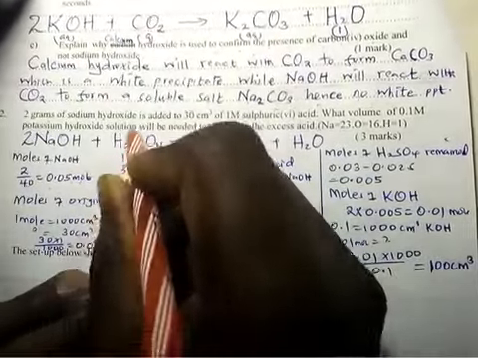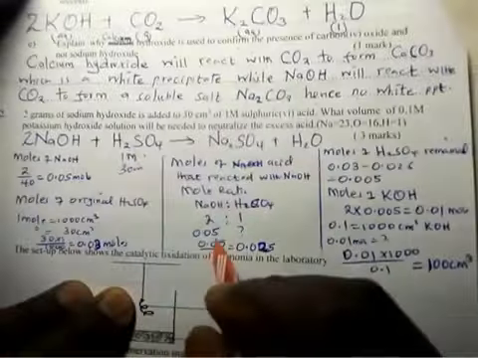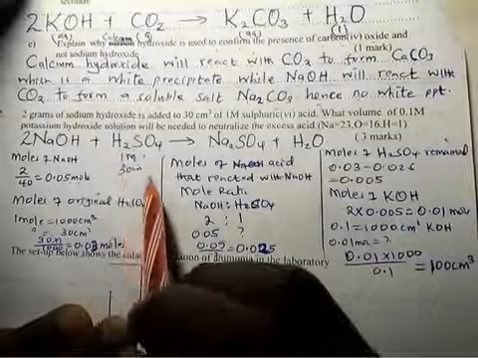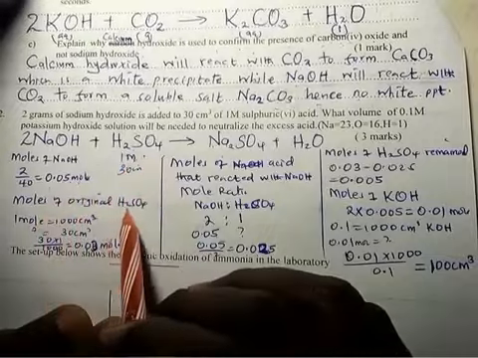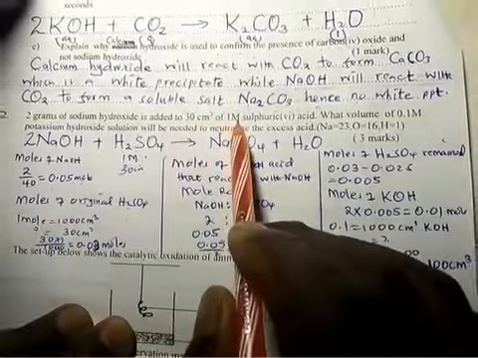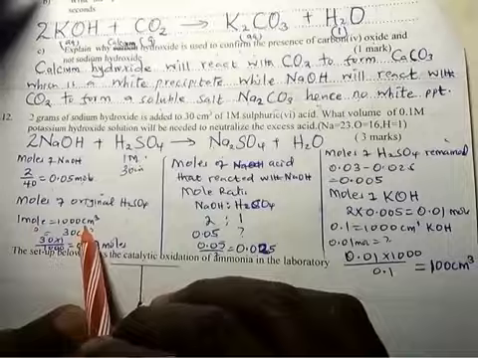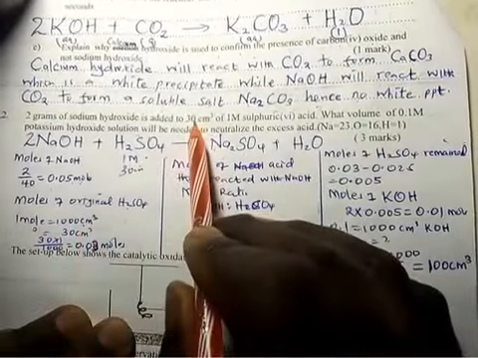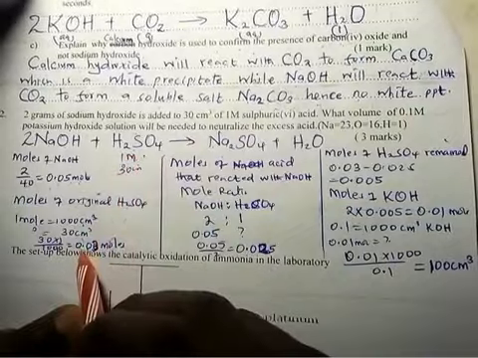We can first get the original moles of sulfuric acid that was used. Moles of original sulfuric acid: 1 molar is the number of moles in 1,000 centimeters cube. What about 30? So originally sulfuric acid ilikuwa na 0.03.